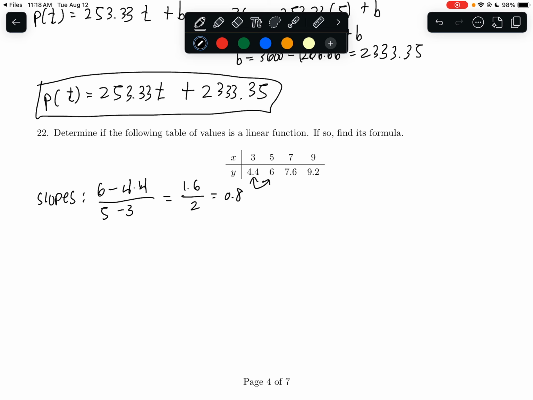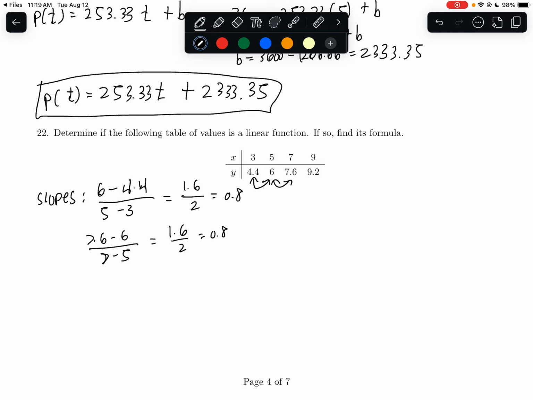Okay, now we can do this for the other pair from 6 to 7.6. And again, I get 1.6 over 2, so I get 0.8.